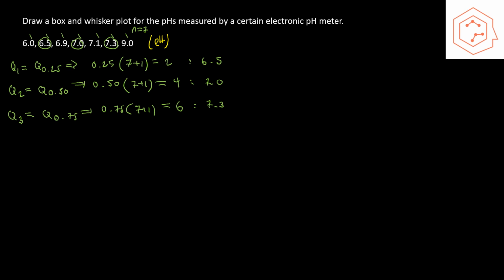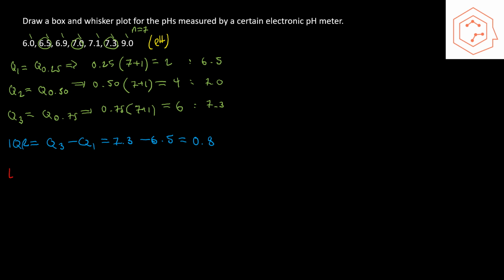So now that I have all my quartiles, I can find my interquartile range, or IQR. The IQR is equal to Q3 minus Q1, or 7.3 minus 6.5, and that's equal to 0.8. So now we can find our fences.